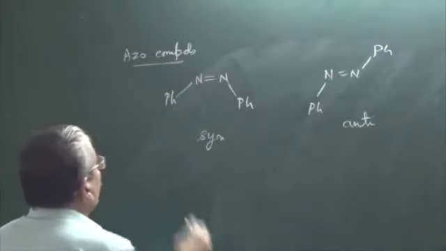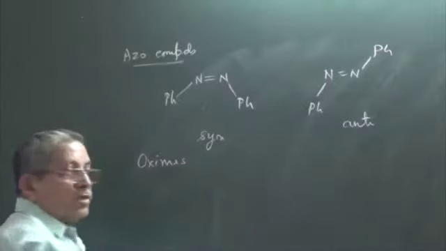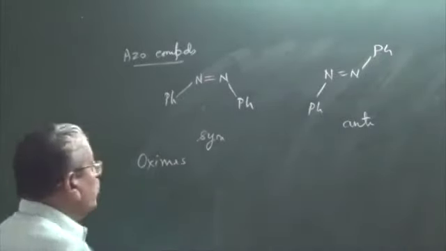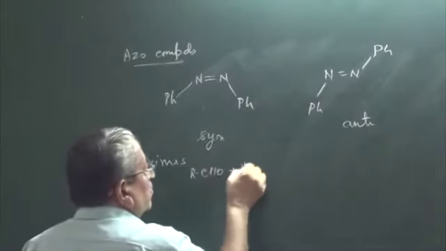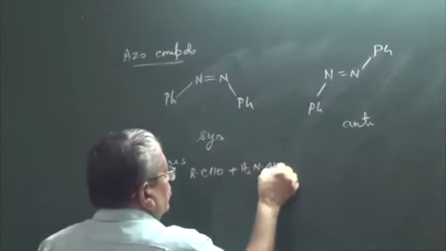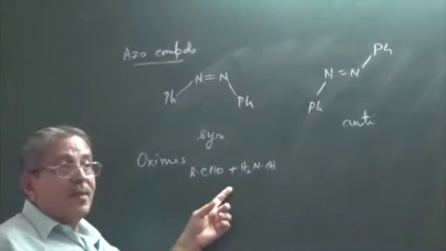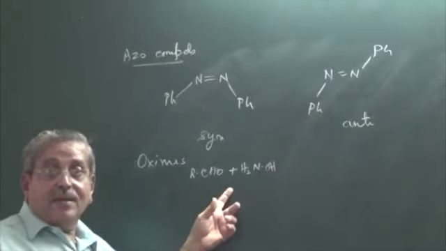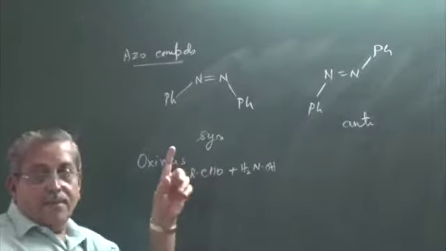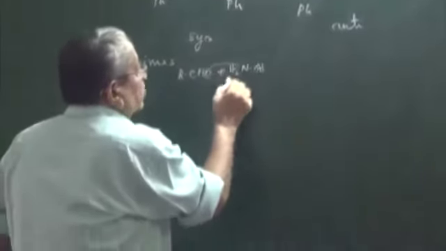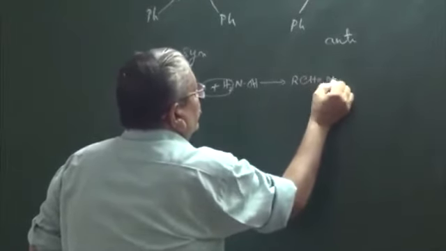Then we have oximes. Such oximes are compounds formed from aldehydes or ketones. So this is an aldehyde, this is hydroxylamine, with a hydroxyl group and an amino group. Then when there is a reaction, you will get CH double bond NOH.